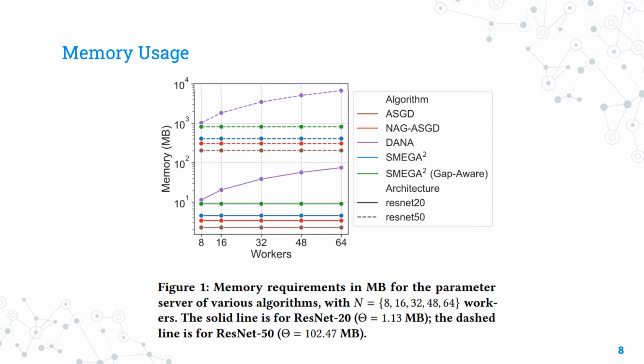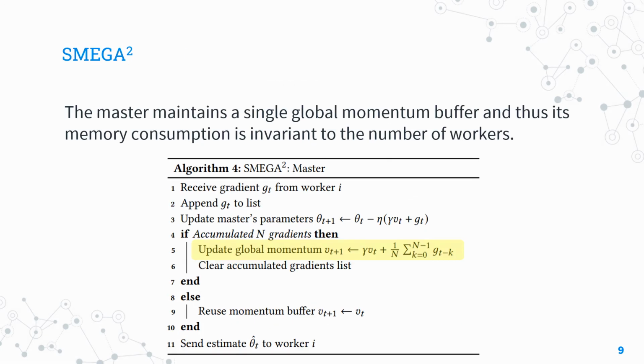On the other hand, we see that SMEGA is independent of the number of workers and has a steady amount of memory usage, which is lower than DANA. One of the key ingredients in SMEGA is that it maintains a single global momentum buffer, and therefore its memory consumption is invariant to the number of workers.